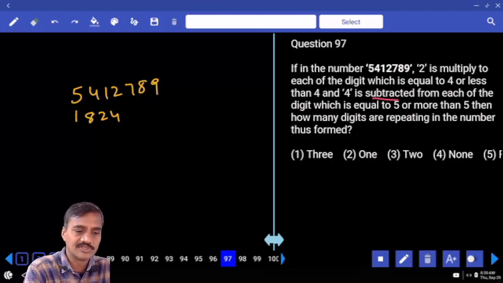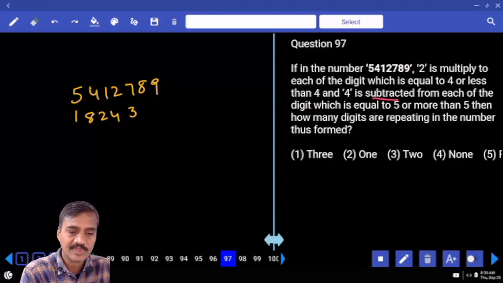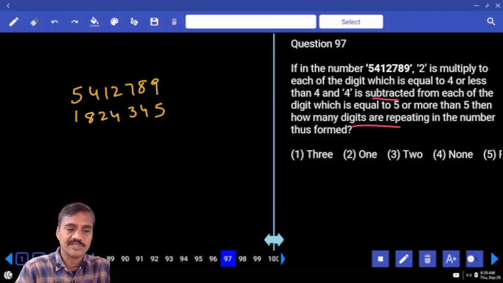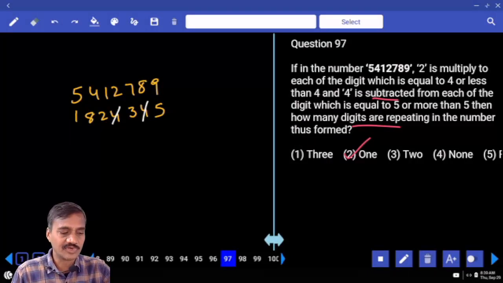And 4 is subtracted, this is 1, and this is 3, and this is 4, and this would be 5. Then how many digits are repeating in the number thus formed? Yes, is there any digit that is repeated here? 8 and 4 repeated twice. And so only one digit, that is 4, repeated twice. Question 97, choice 2.